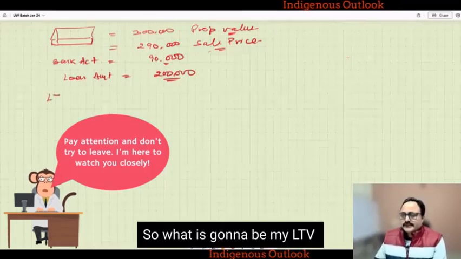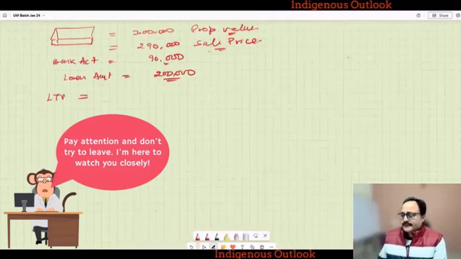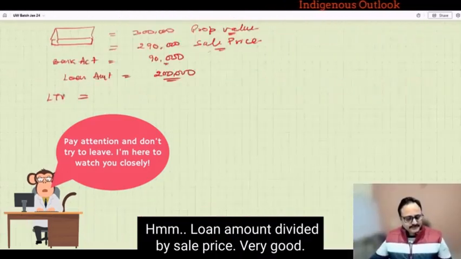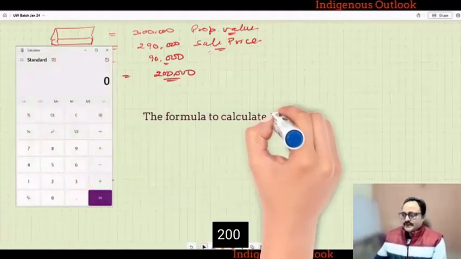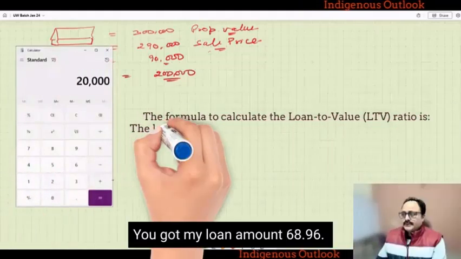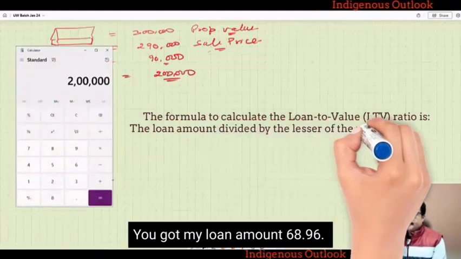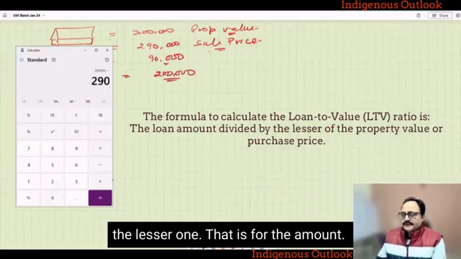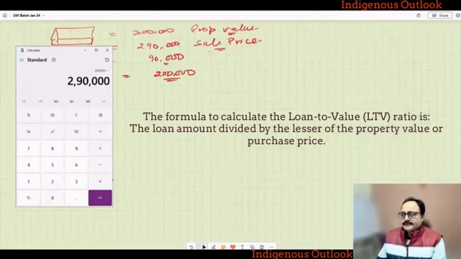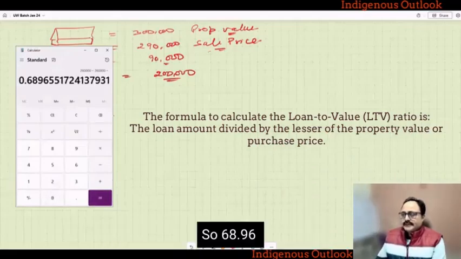So what is going to be my LTV? Loan amount divided by sale price. 200 divided by 290 is 68.96, divided by the lesser one, that is the purchase amount.